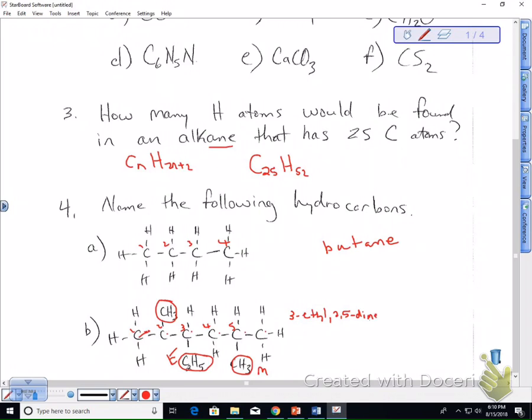While I'm writing that out, I want you to notice that if I have 2 substituted groups, I have to have 2 numbers. Even if they were the same, I would have to have 2,2-dimethyl. So we have numbers for every group, and then the prefix to tell me how many. So it's a little repetitive there. And then we said this is 6, so that's going to be a hexane. 3-ethyl-2,5-dimethylhexane. Isn't that fun?